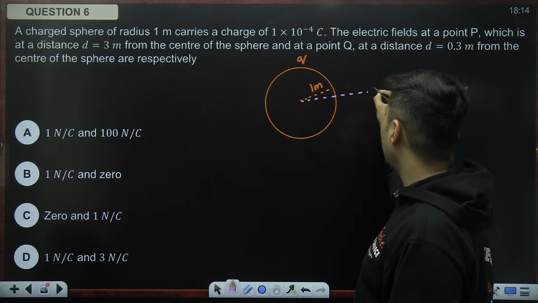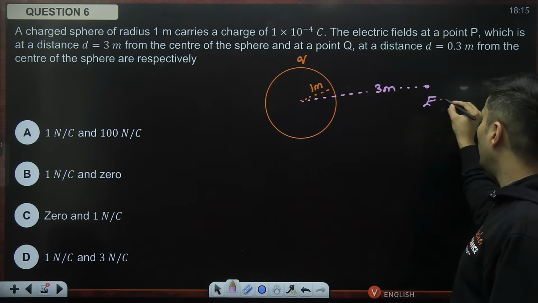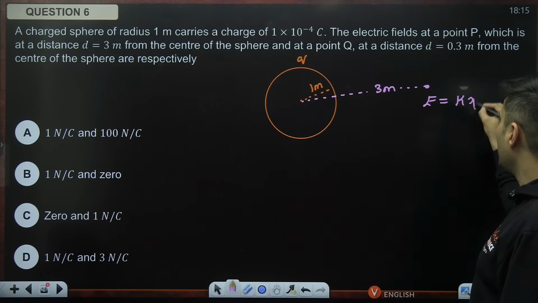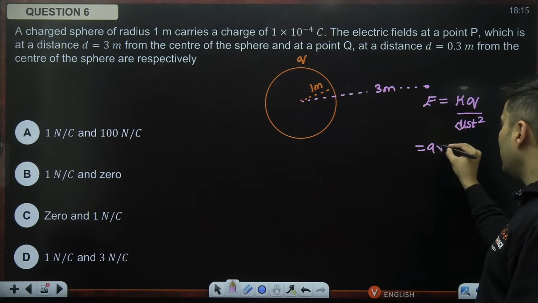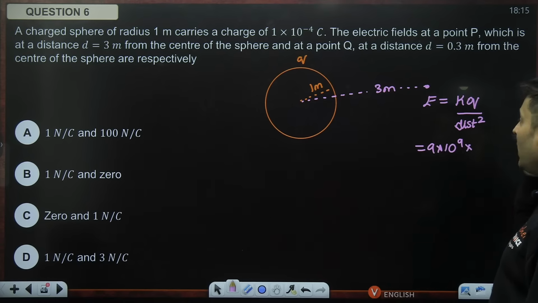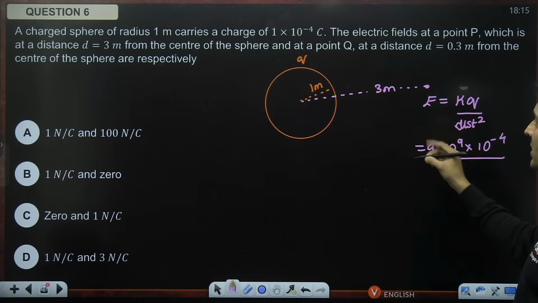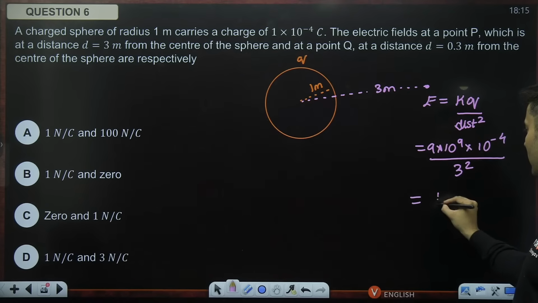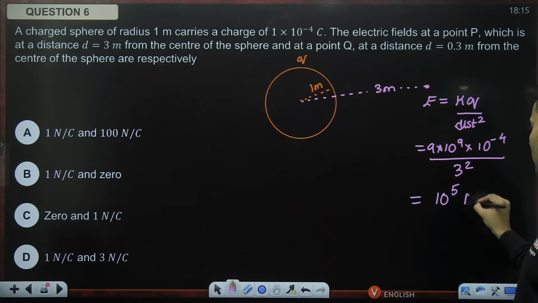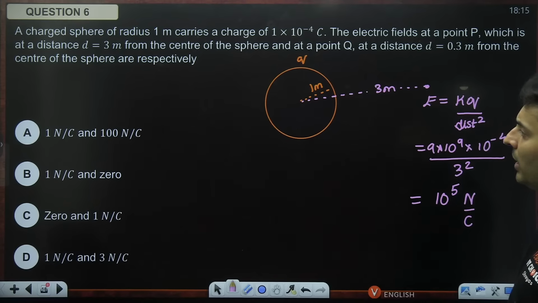So at a distance of 3 meters, the electric field formula is kq divided by the distance square, which is 9 into 10 to the power 9 into the charge, which is 10 to the power minus 4, and the distance, which is 3, so 3 square. So 9 and 3 square will cancel. This will become 10 to the power 5 Newton per coulomb.